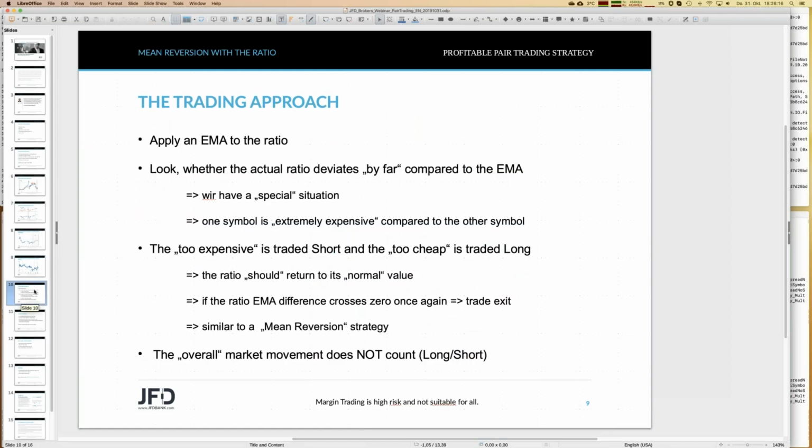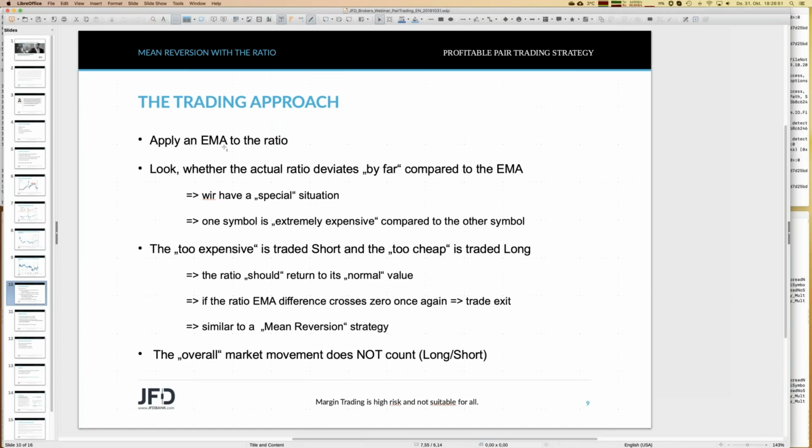So what is the trading approach? What we will use is just one additional idea. Instead of looking at a virtual value like 0.11 for Dow Jones and S&P 500 as the fair value of that ratio, or about 1 on a long term for Brent and WTI, let's create that fair value simply with an EMA on that ratio.